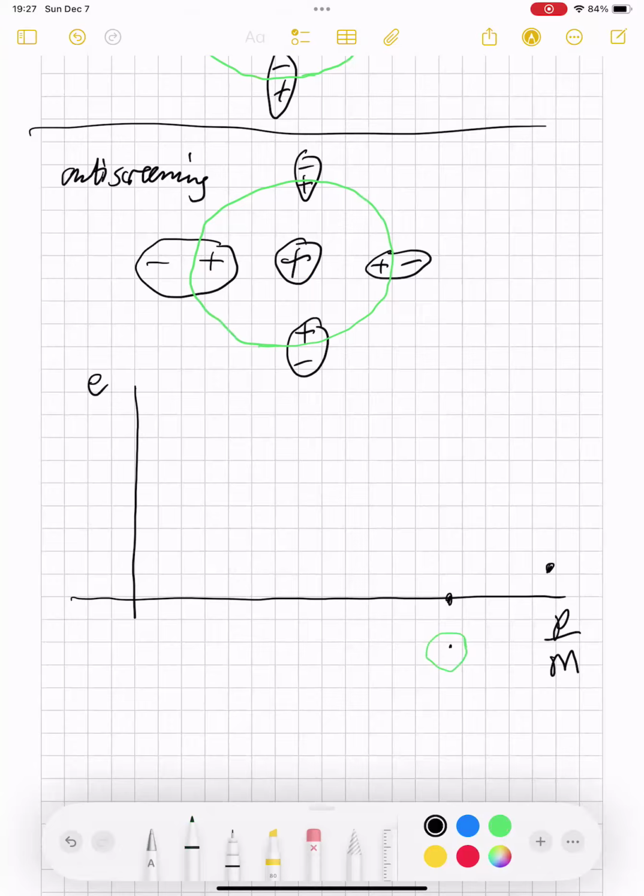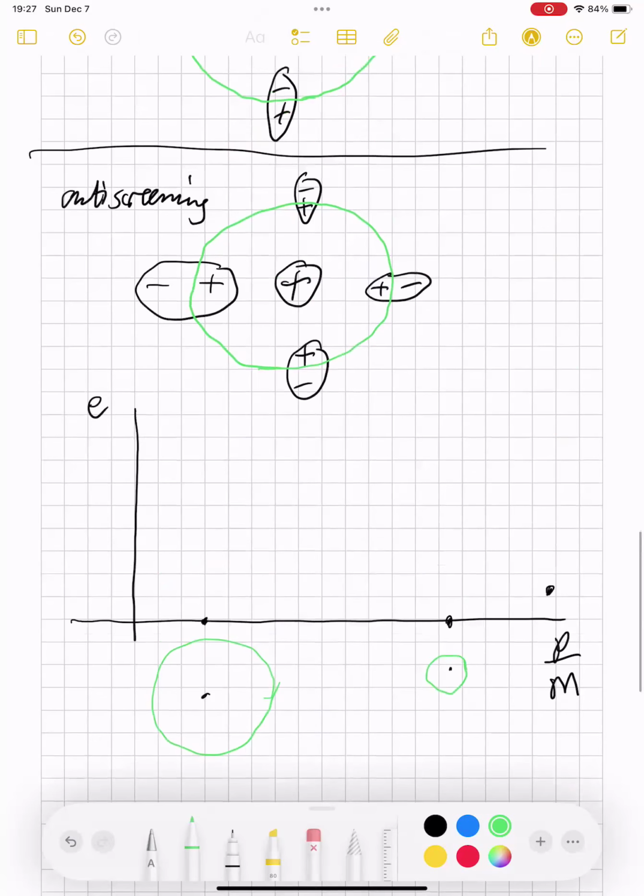Then when we go to lower energies, it is a much bigger sphere. That's the length that we can resolve. We end up adding up the positives from a lot more of the dipoles which are excited out of the vacuum. So as we go to low energy, the coupling starts to increase like that, okay?